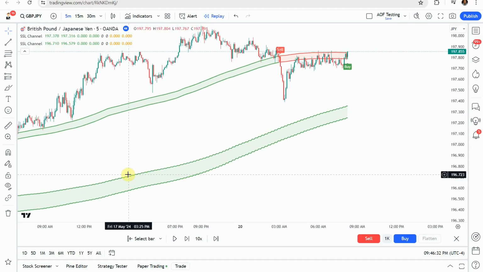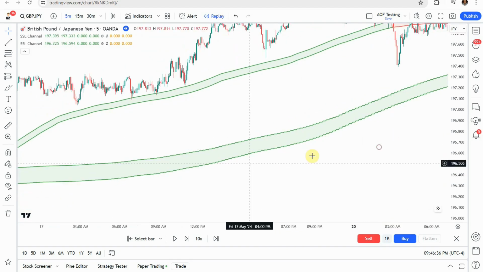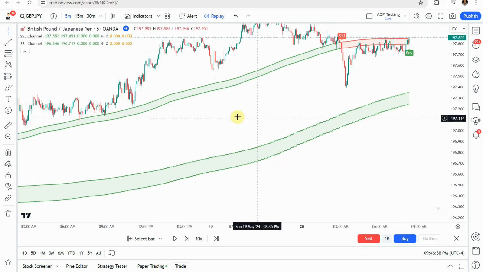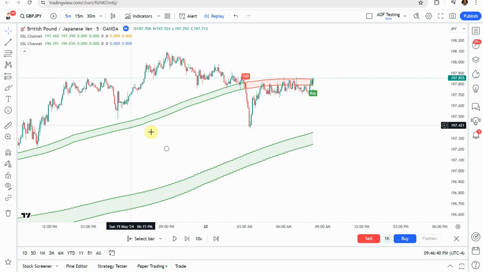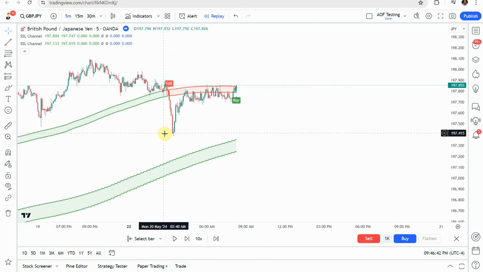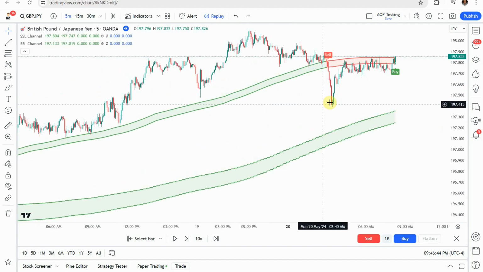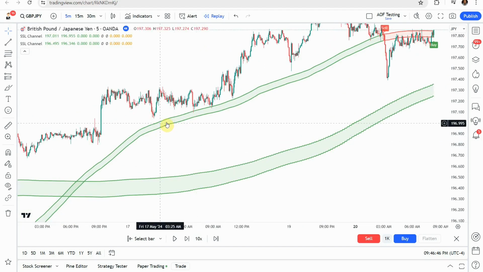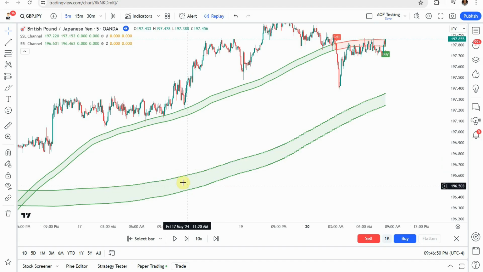And as price is trading above the higher time frame SSL, what we kind of want is price to pull back into the shorter, the 5-minute SSL, and we want the shorter SSL, the 5-minute, to be above the 15-minute.